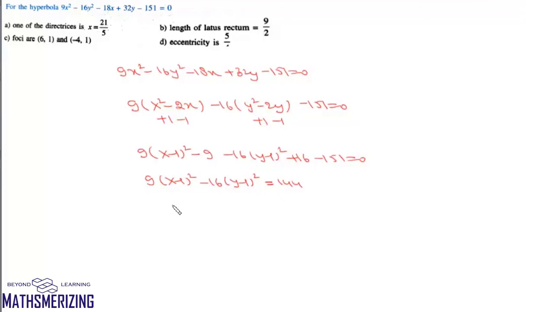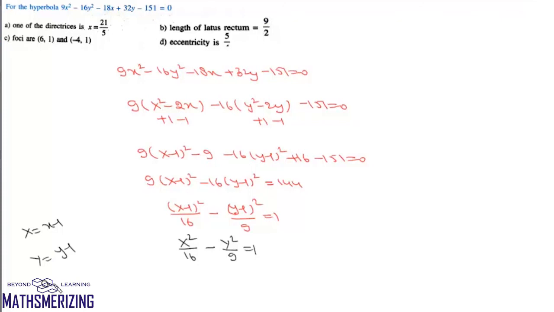So we can write this equation as x minus 1 whole square upon 16 minus y minus 1 square upon 9 equals 1. We'll compare it with the standard equation, which is capital X square upon 16 minus capital Y square upon 9 equals 1, where capital X is x minus 1 and capital Y is y minus 1.